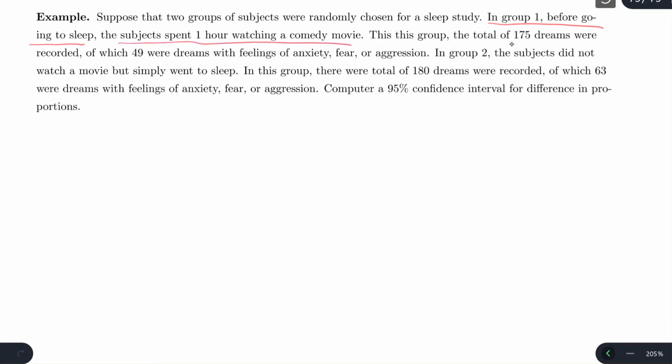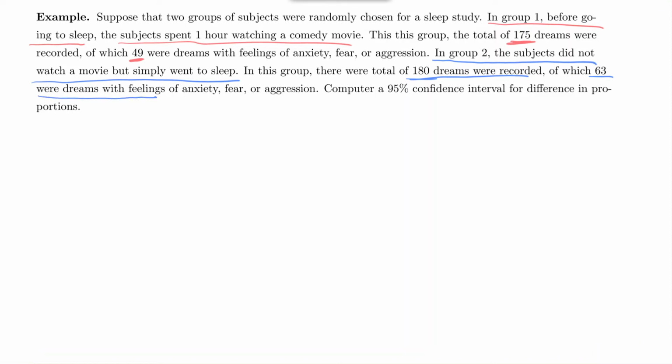In this group, a total of 175 dreams were recorded, of which 49 were dreams with feelings of anxiety, fear, or aggression.